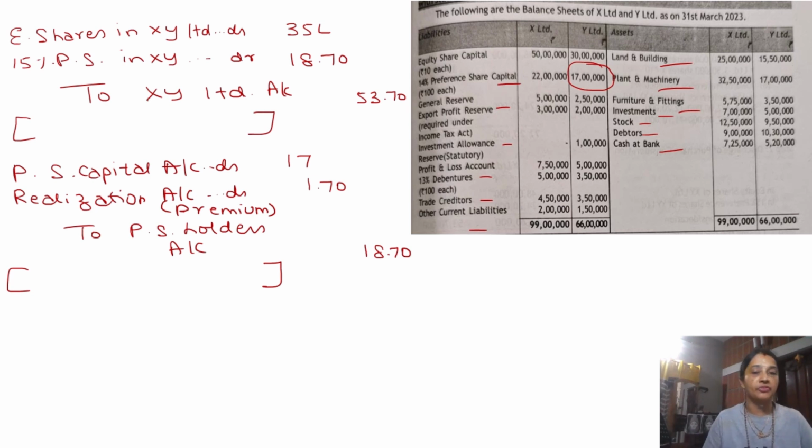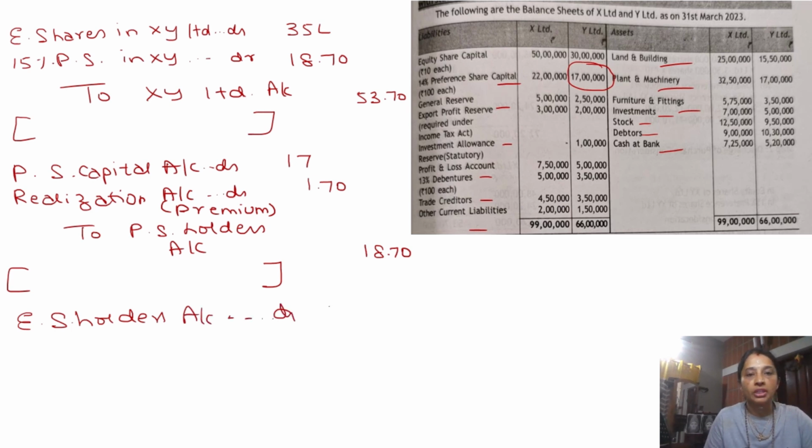Once you calculate the preference share capital due at premium, you can close the realization account and find out whether there is a loss or profit on realization or whether the realization account has break even. So in this problem, there is a loss on realization for Y also. So we will transfer that to equity shareholders account debit.